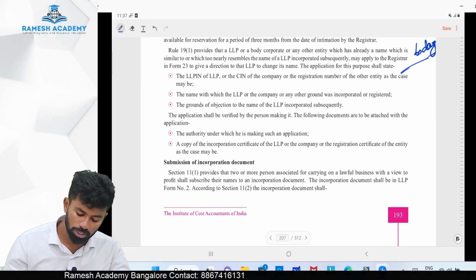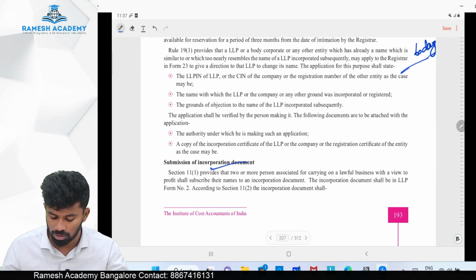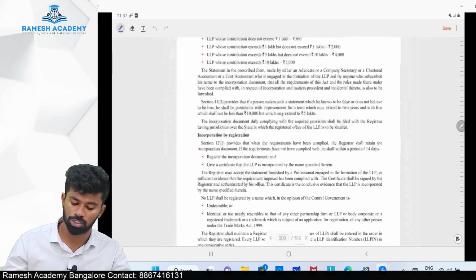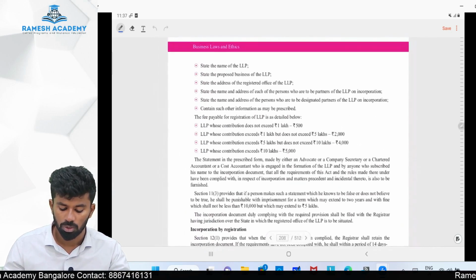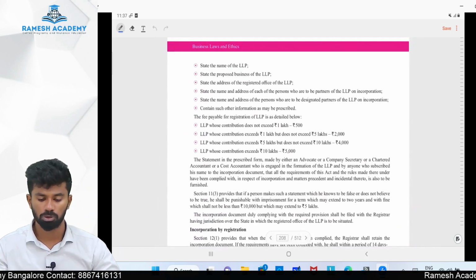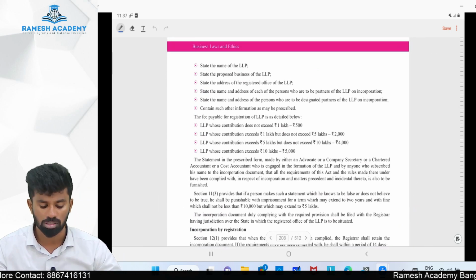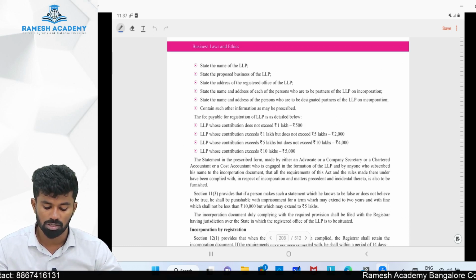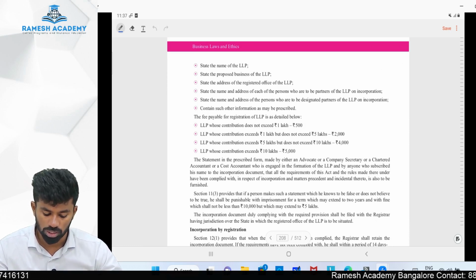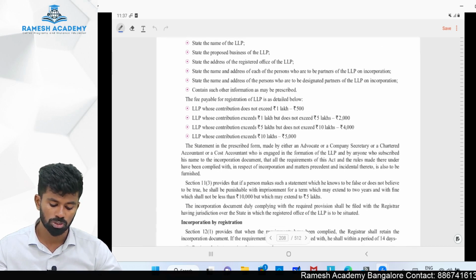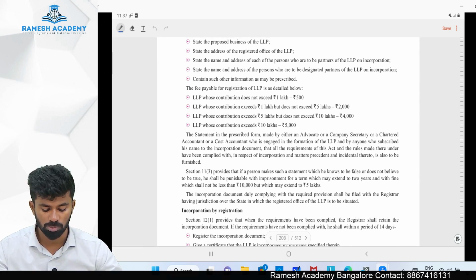Submission of incorporation form. So once the name is reserved, you can apply for incorporation of the LLP. You have to state the name of the LLP, proposed business of the LLP, address of registered office, name and address of each of the partners and also designated partners, and contribution amount if any, and all these things have to be specified.